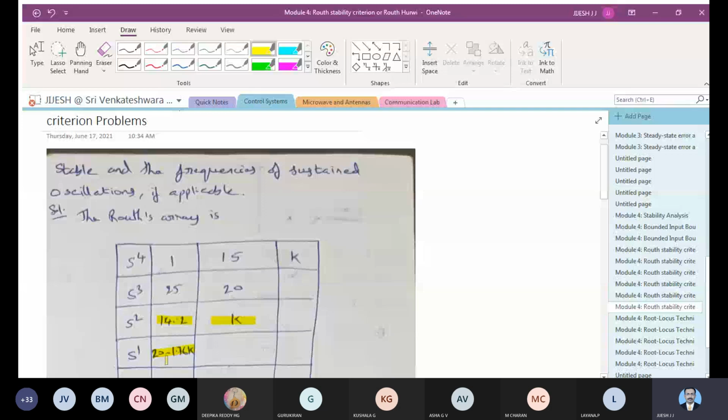Have you completed or are you still doing it? I'm doing, sir, one minute. Okay, anyone who has completed can say what the answer is for the last row. When you do 20 minus 1.76 k into k minus 14.2 into 0 divided by 20 minus 1.76 k, this term gets cancelled.